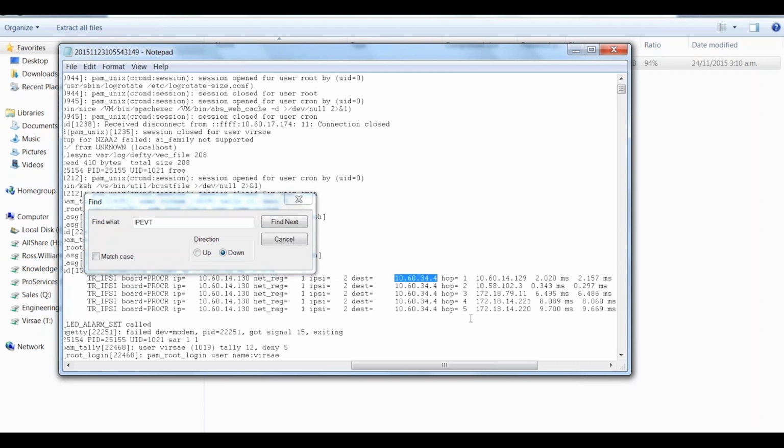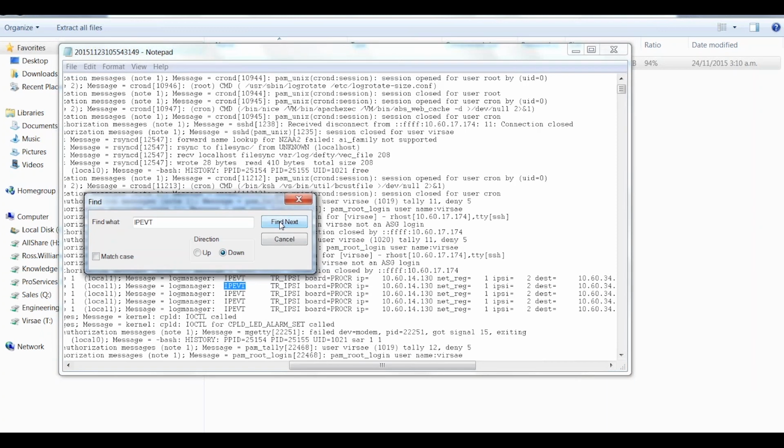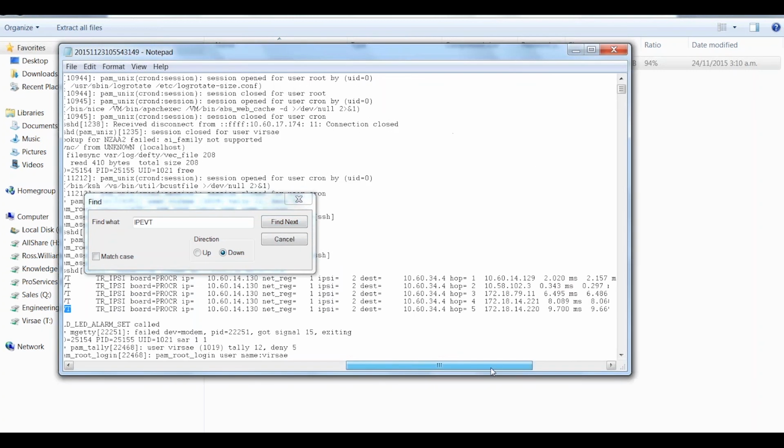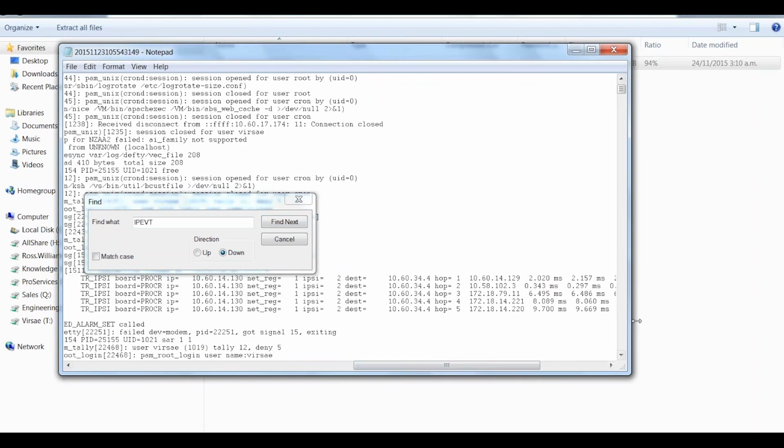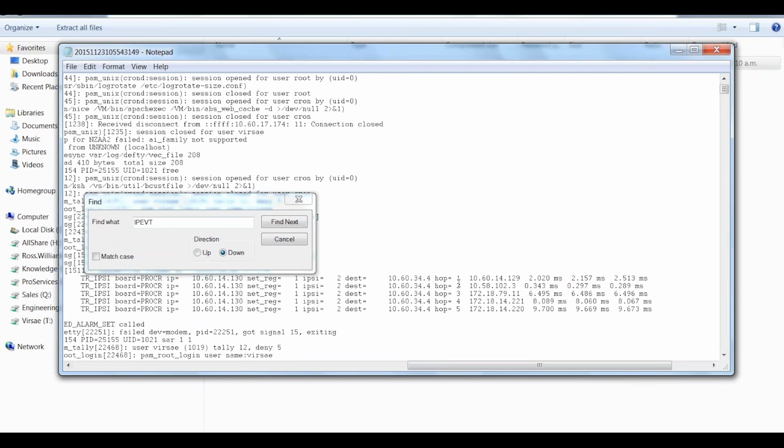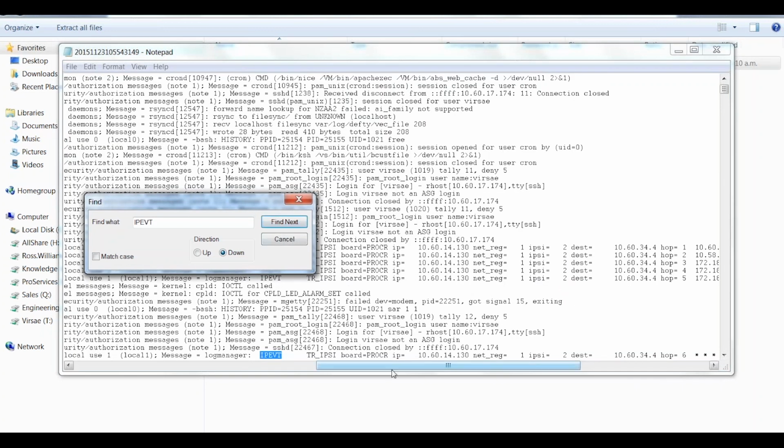And here are the hops coming through. And if I keep searching in a downward direction, we can see it gets as far as hop 5 there. So you've got hop 1, 2, 3, 4, 5.